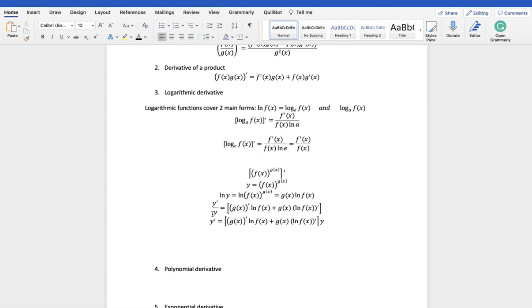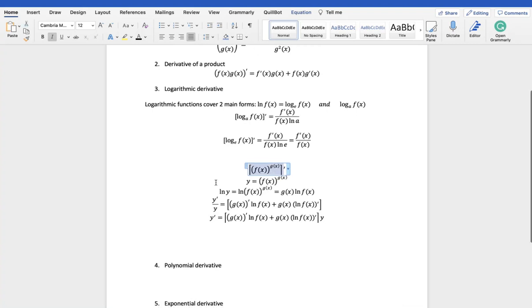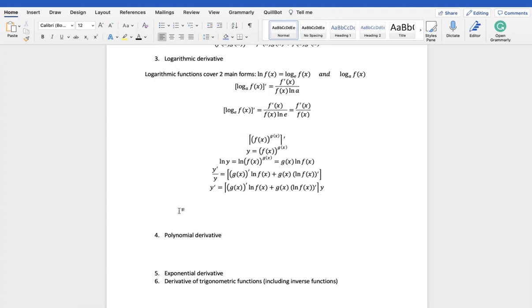So this is another case where you would use logarithmic functions to find the derivative of your specific expression, and that expression is the case where you have a function to the exponent of another function.